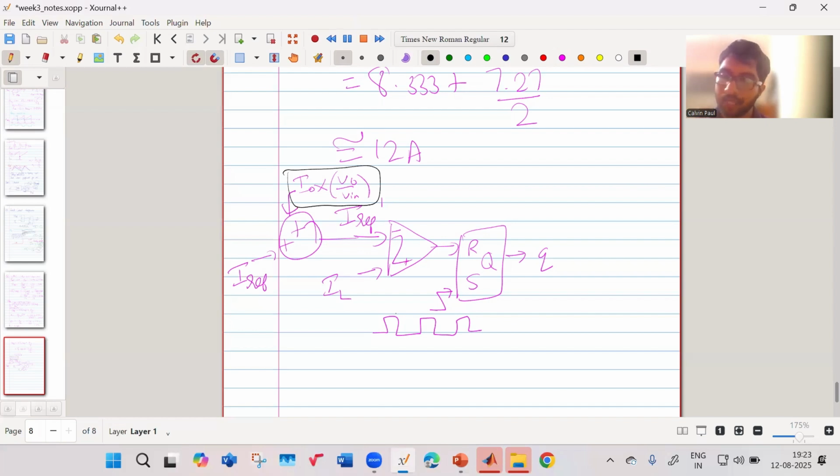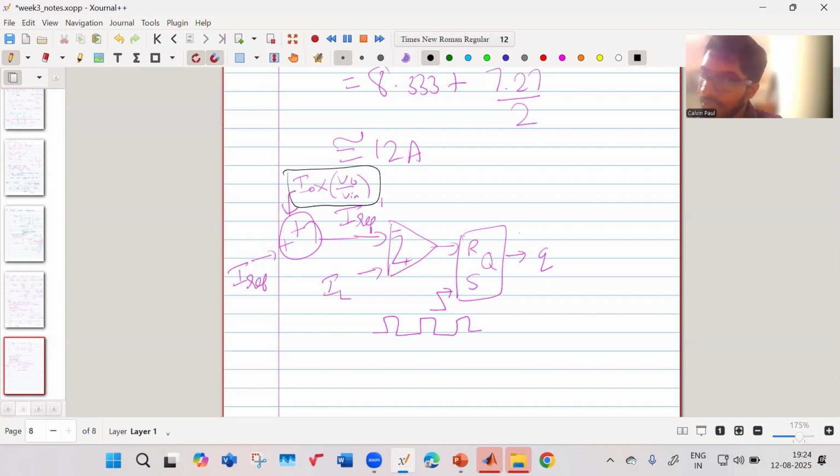Sir, one doubt. In that feed forward term, is there any other factor like some scaling? Scaling might be there if you have sensor gain and everything. Here, I'm not considering sensor gain, because I out into V out by V in is already IL. Yes, you're very correct.